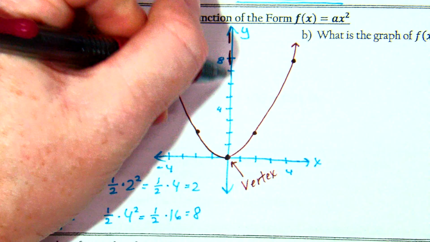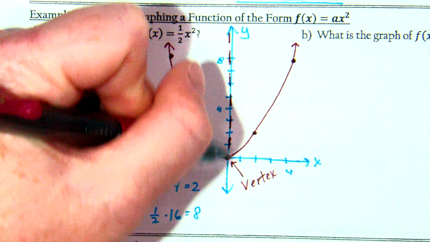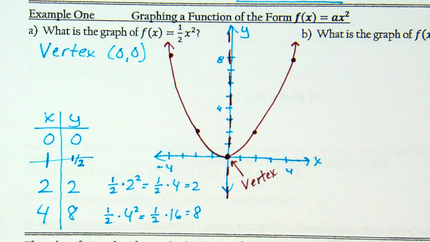We sometimes draw in the axis of symmetry. Remember, to draw in the axis of symmetry, it's a dotted line that goes through the vertex. And in this case, my axis of symmetry is the y-axis. You guys know the name of that equation? Or what is the equation for the y-axis?